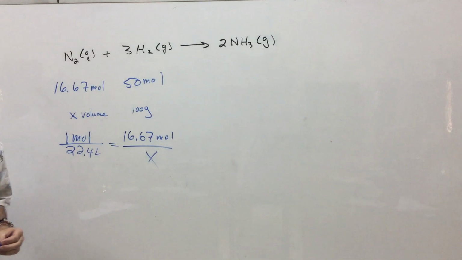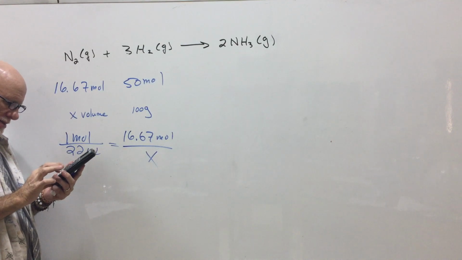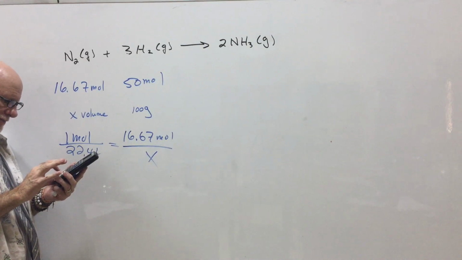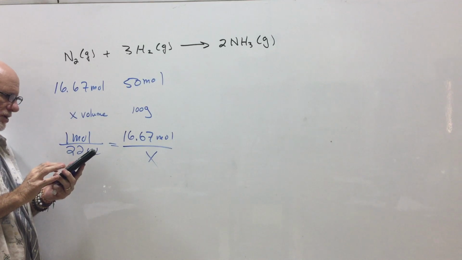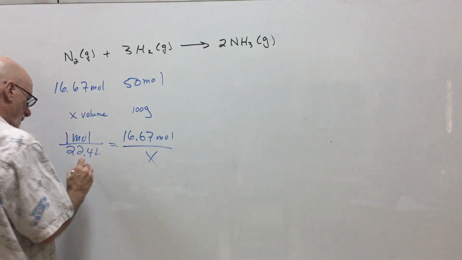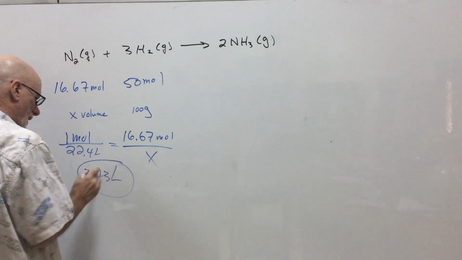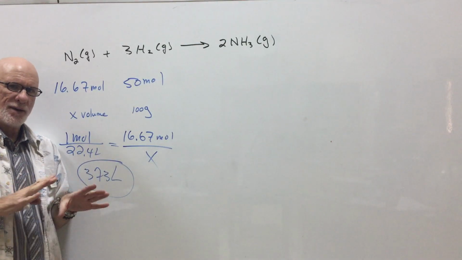So what is 16.67 times 22.4? 16.67, or 16 point unrounded, times 22.4 equals 373 rounded. Okay, so 373 liters. Okay, I want you to go through these calculations and see how I rounded.